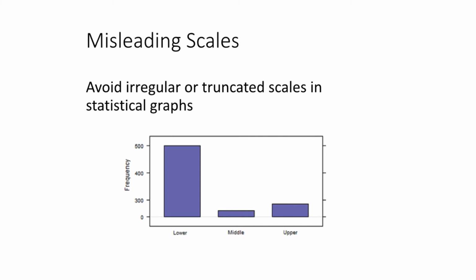This sort of truncation of the scale makes it look like the lower class number of counts is vastly more than the middle and upper class. And it makes it appear that the upper class and middle class are extremely small. It's artificially inflating the number of counts visually in the lower class. So try to avoid a distorted or truncated scale for your axes.